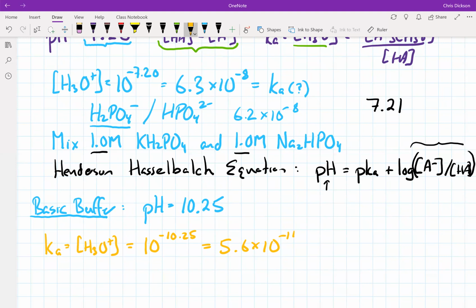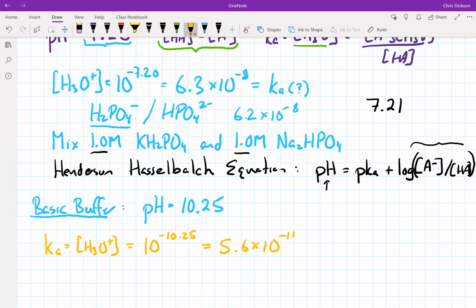And once again, I'm hoping you can see the correlation between the Ka value, at least the power on that 10, and the pH that you want. So we want 10.25, so we're wanting a Ka value of roughly 10 to the negative 10 or 10 to the negative 11, somewhere between there. So if I look at my data table, I kind of forced this one to pop out quite nicely. This is the Ka value for bicarbonate ions.